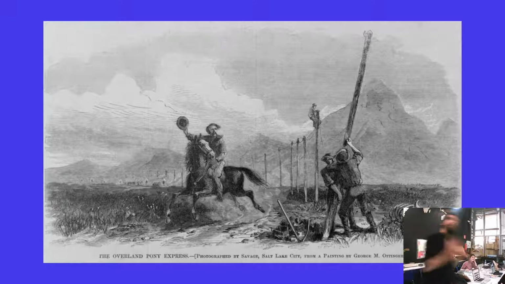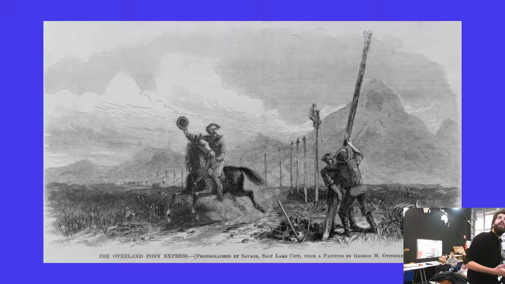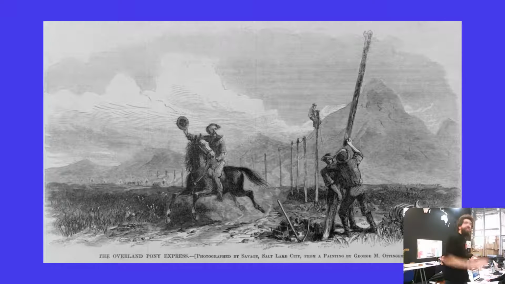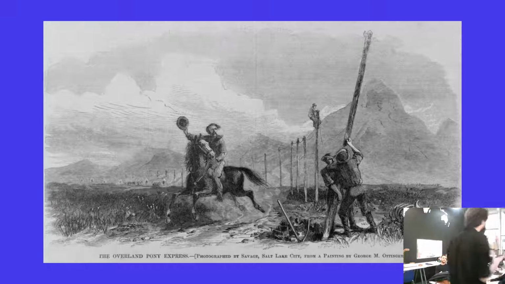So basically, I think the beauty of that, from a conceptual point of view, is the idea that, so that's the Pony Express. That was the service that was used to send letters from the east to the west coast of the United States, and that's people putting up the lines for the telegraph. So suddenly, instead of having to design a medium for each specific set of information, you have all the information represented in the same way.